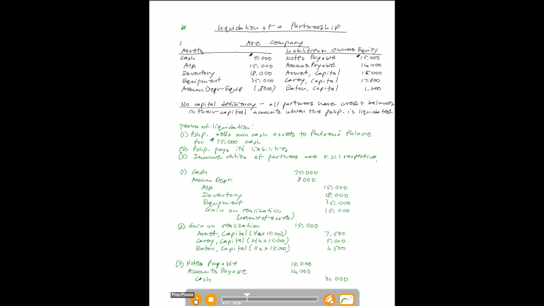And then the last thing is that whatever cash is remaining is going to go to the partners on the basis of their capital balances.